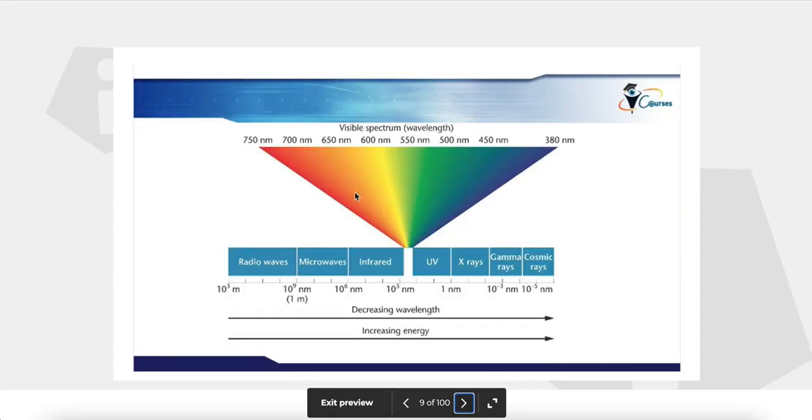As we mentioned before, the visible spectrum ranges from blue light, which has a wavelength of 380, to red light, which has a wavelength of 750. So this is called the visible spectrum. As we move from red to blue, there is decreasing wavelength and increasing energy and frequency. This is very important.